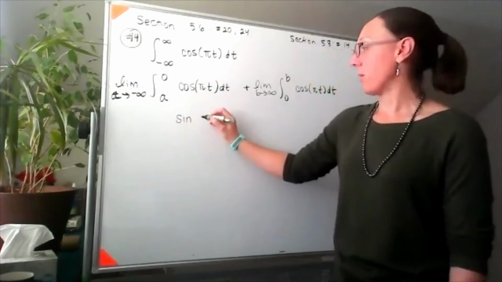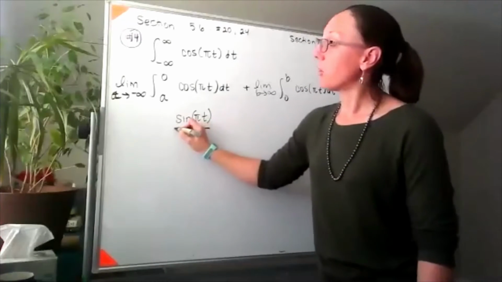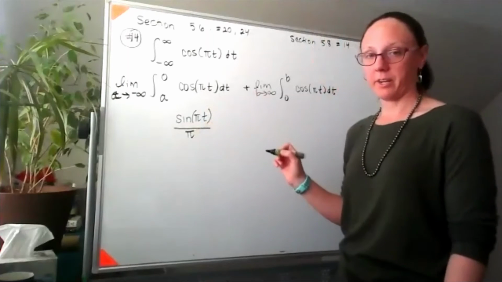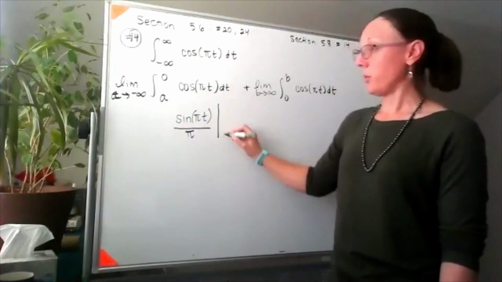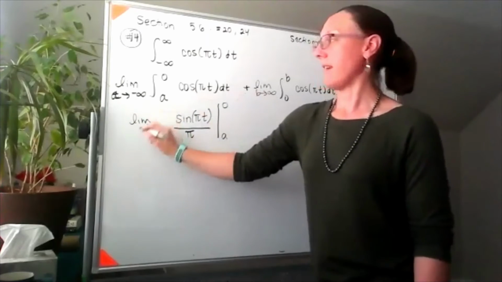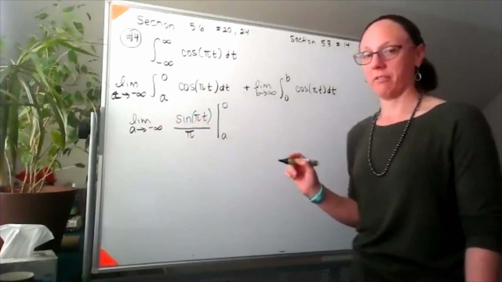So this is going to become sine of pi t, and then I'm correcting for that chain rule by dividing by pi. We're going to evaluate this from a to 0, and we're taking that limit as a approaches negative infinity.